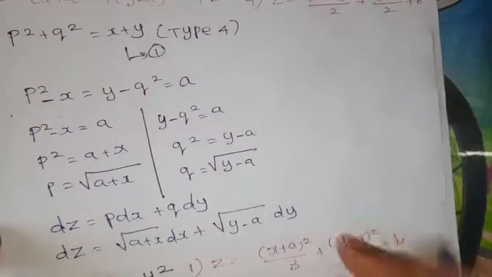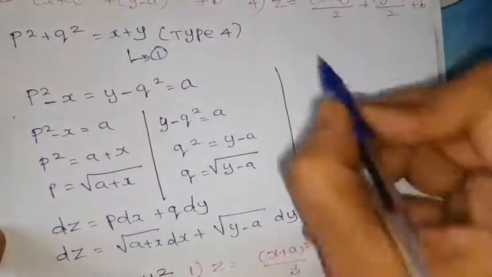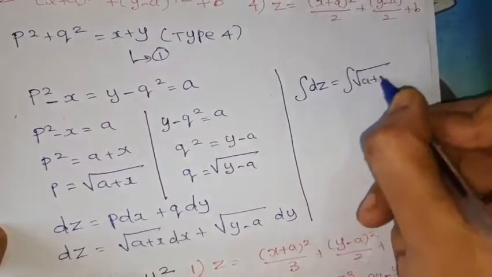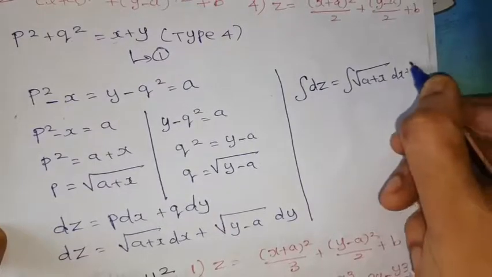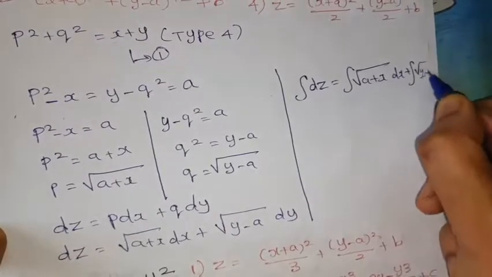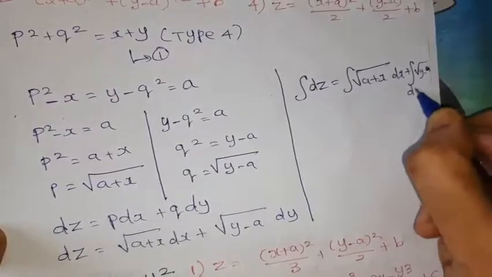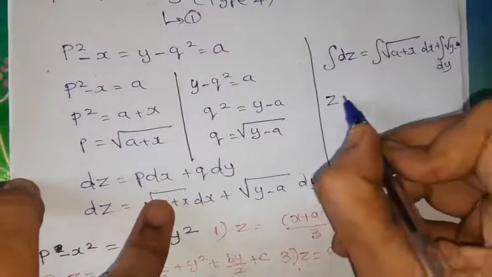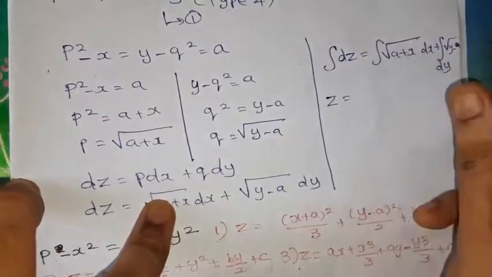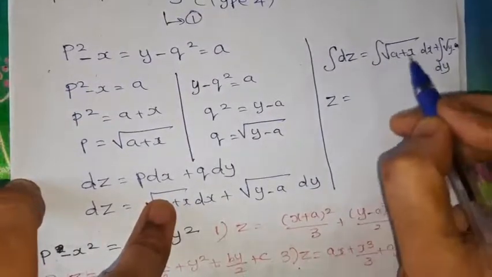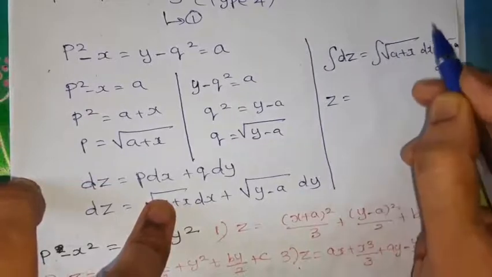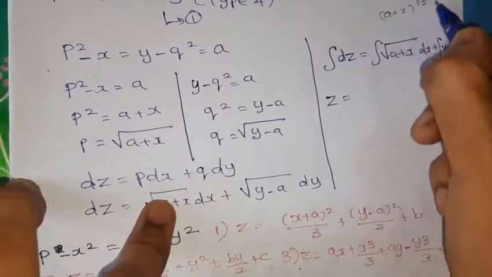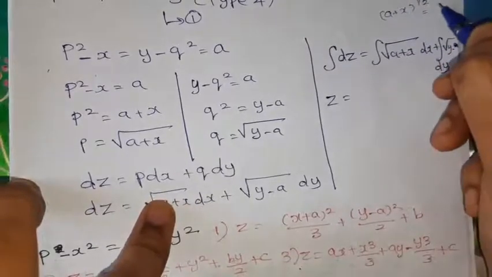We need to integrate on both sides. So integral dz equal to integral square root of a plus x dx plus integral square root of y minus a dy. Integrating, square root of a plus x is (a + x) whole power half, so (a + x) power n plus 1 divided by n plus 1.